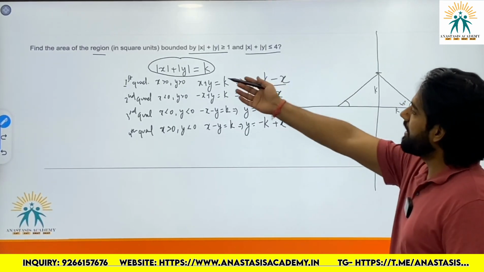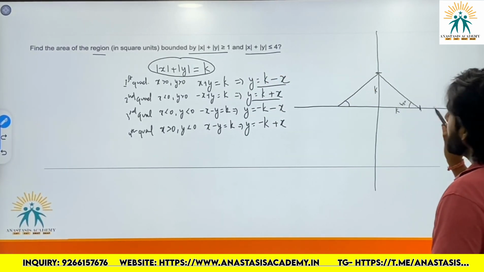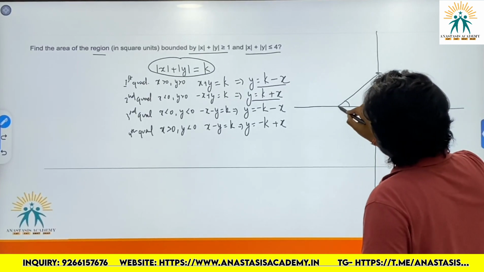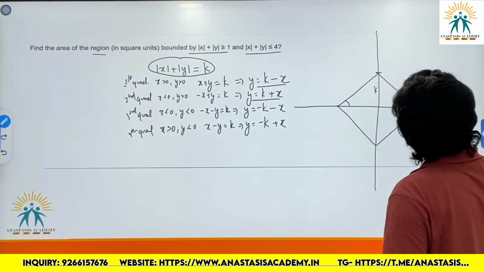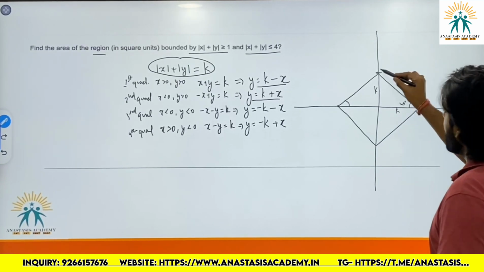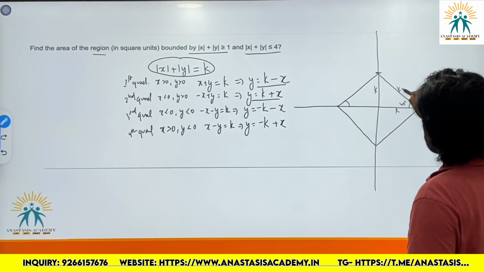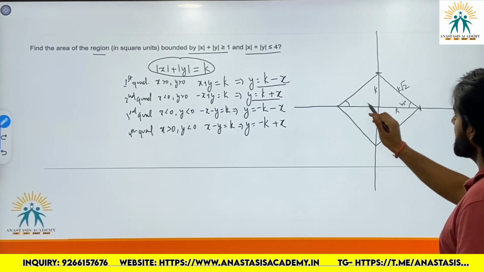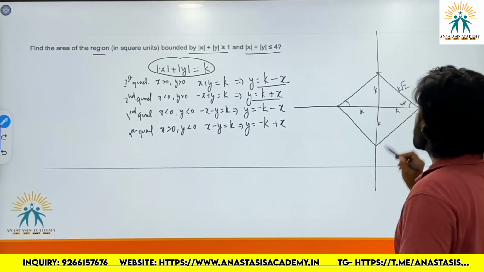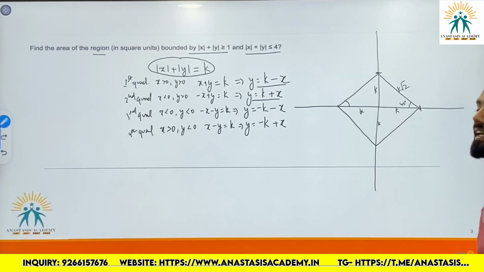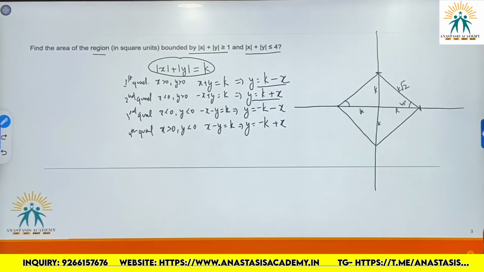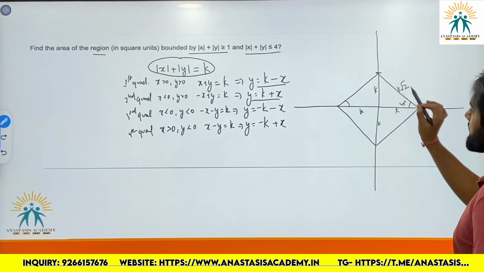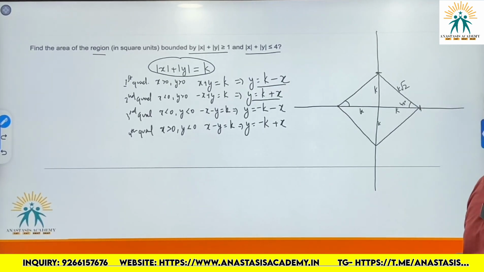So the graph of this curve would be nothing but a square having side k root 2, because the intercept is k in each case. So the graph of mod x plus mod y is equal to k is always a square having side k root 2.